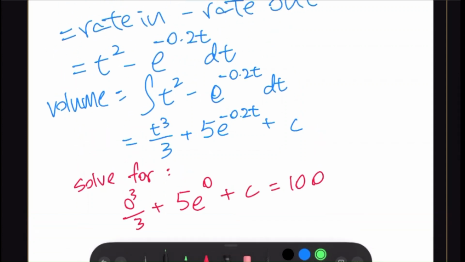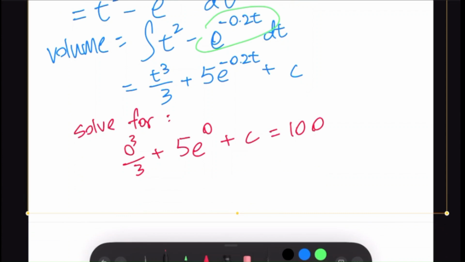Because when we were integrating this chunk, it's 1 divided by 0.2. Yep, awesome. And then what we'd end up with is that c is actually equal to 95. I hope that makes sense. Are we following along?